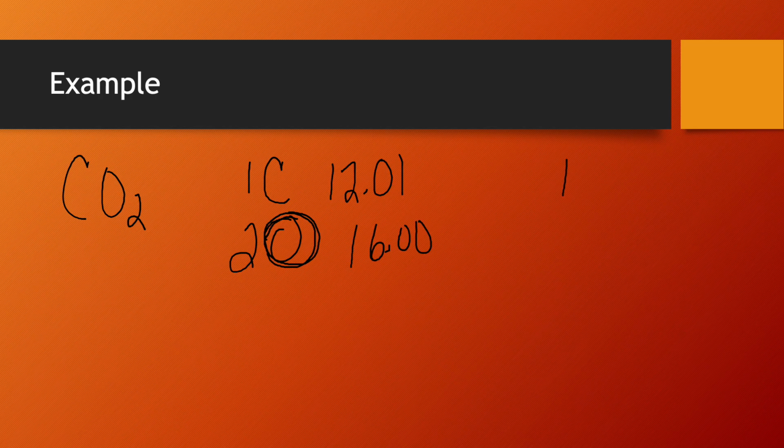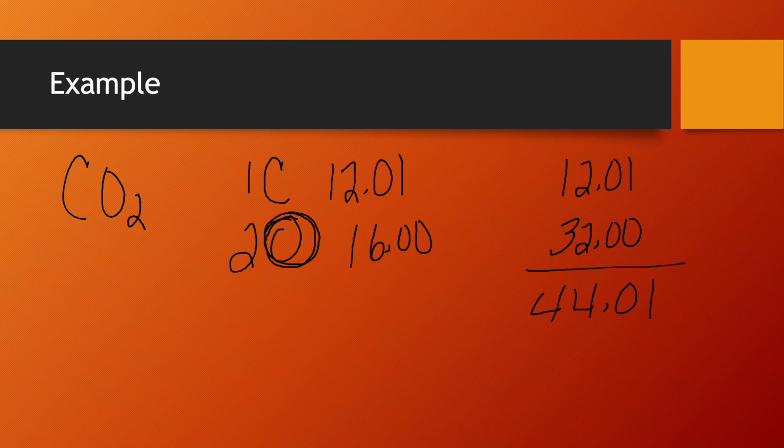So that's 12.01 for the carbon, and then 32 from the oxygen, and when we add that together we get 44.01. So the molar mass for carbon dioxide is 44.01 grams per mole.